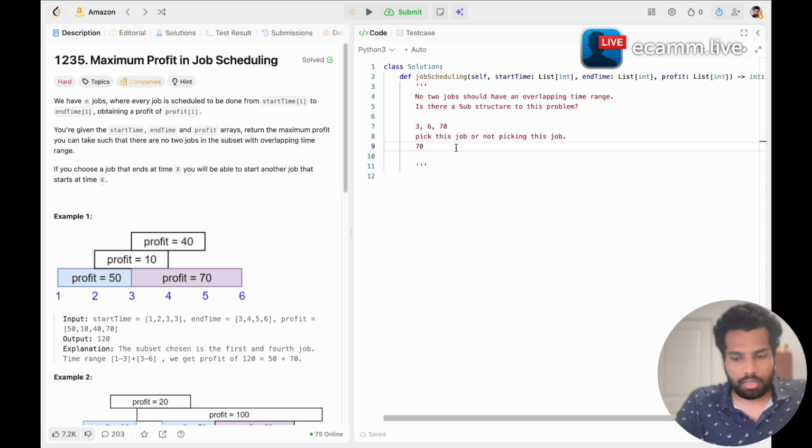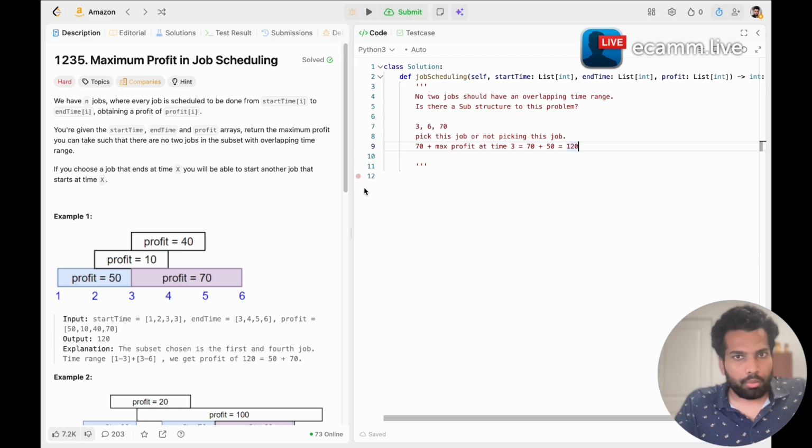So we have 70 here, and we also need the profit that we made before this job starts, that is at time 3. So we need the max profit at time 3, which is how we get 70 plus 50, that is equal to 120.